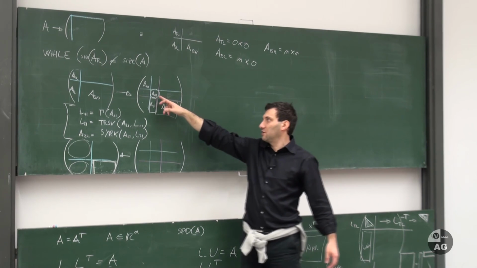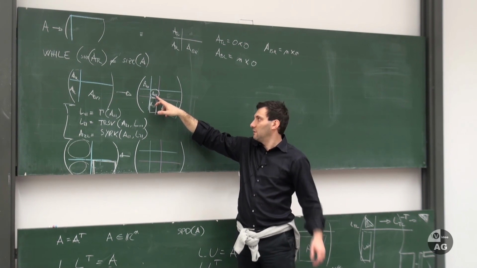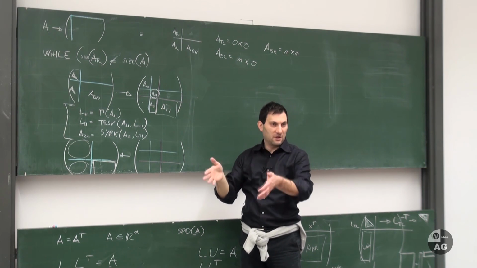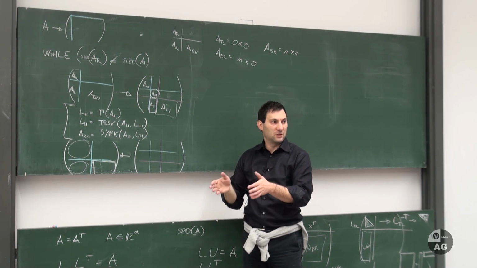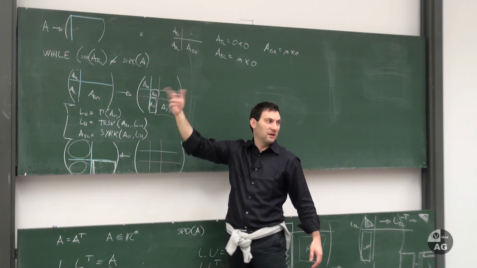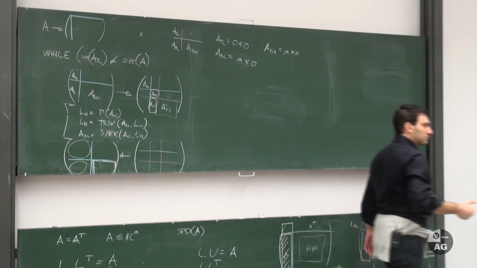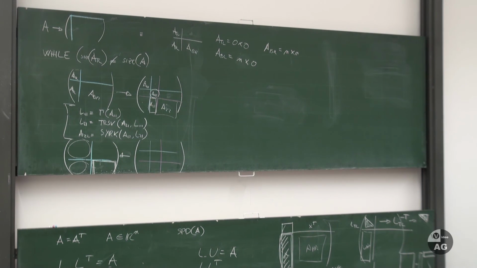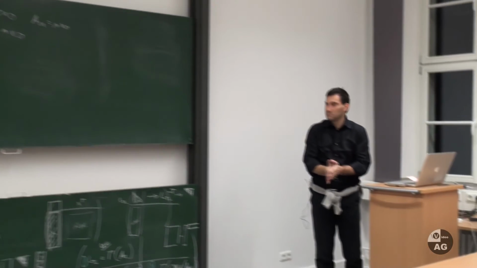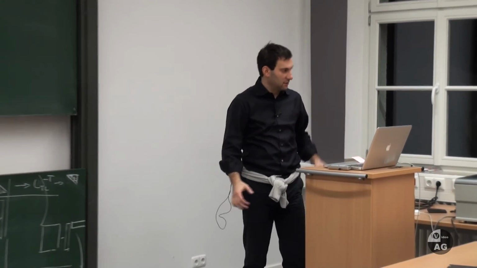We keep splitting out a 1-by-1 entry. We do something, and then we say, okay, we're done with this part of the computation. We will not need it anymore, so we push it into A top left. Because that would make the triangular solve easy if you have a triangular matrix of size 1-by-1. That's precisely what we want.